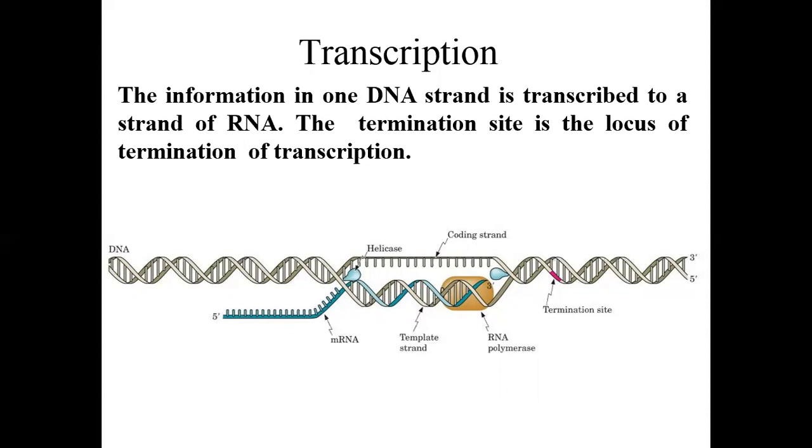So here you can see that the mRNA is transcribed from the bubble of unwound DNA double helix, where the RNA polymerase is sitting, and it encodes the RNA on the template strand. The termination site is shown here.